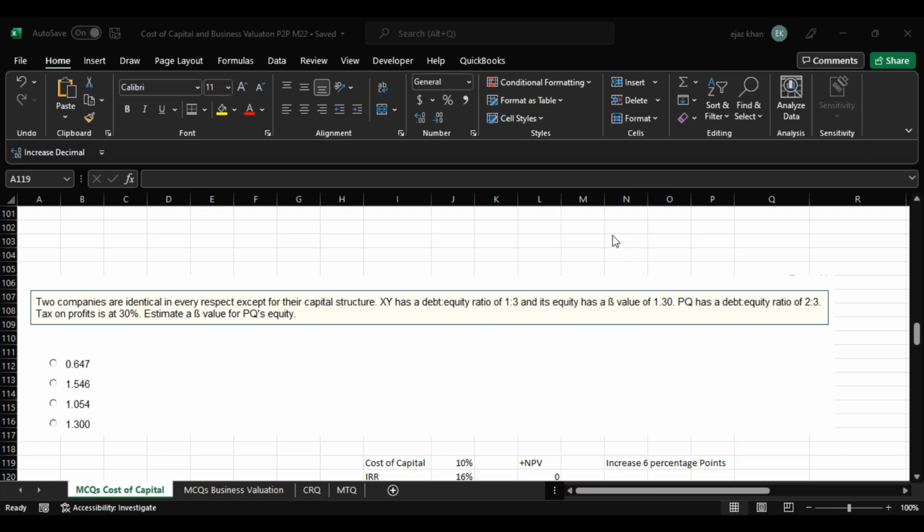So what if equity beta of a company is 1.5? What does this tell us? If a company has an equity beta of 1.5, how will you interpret this 1.5?